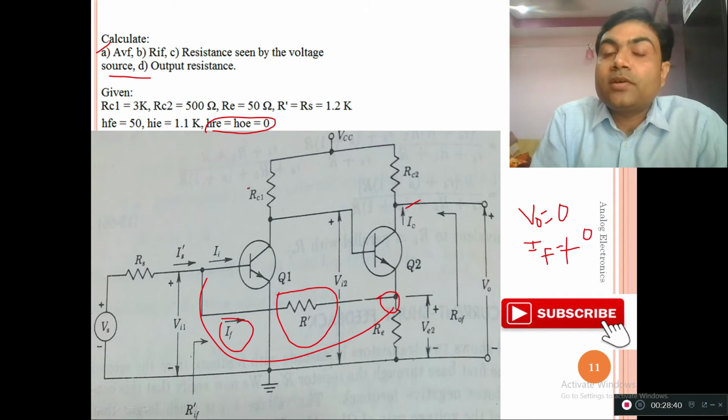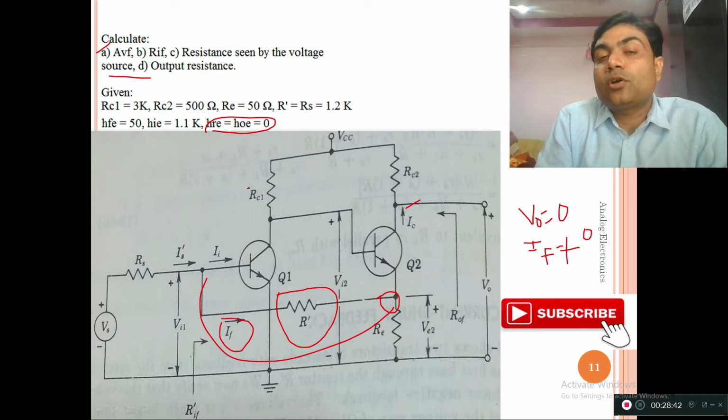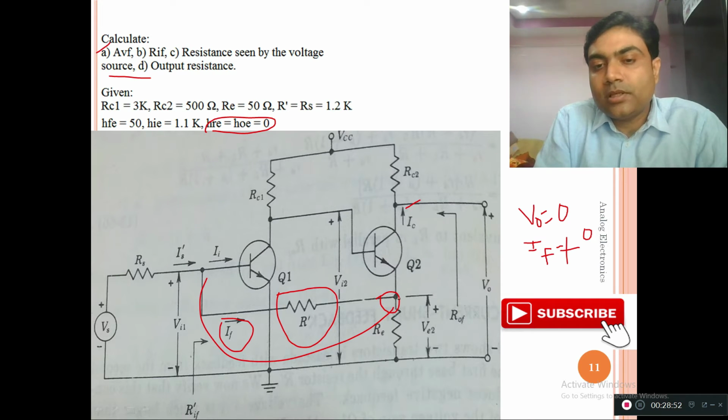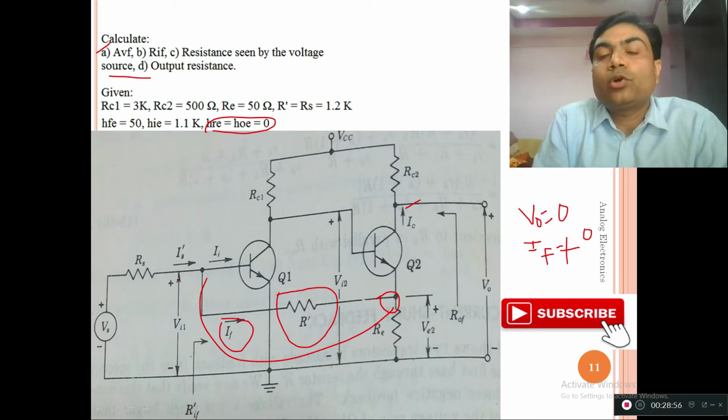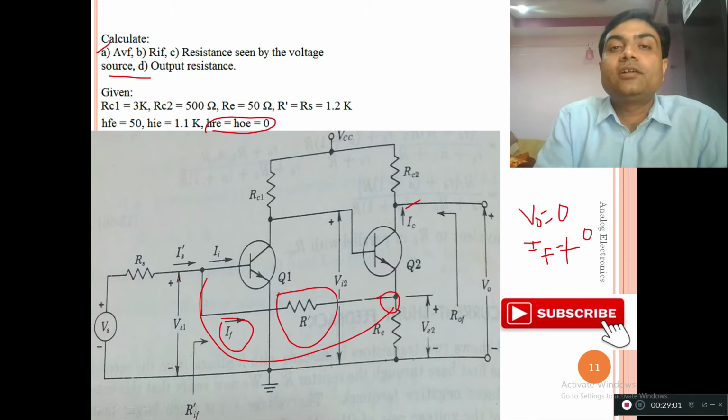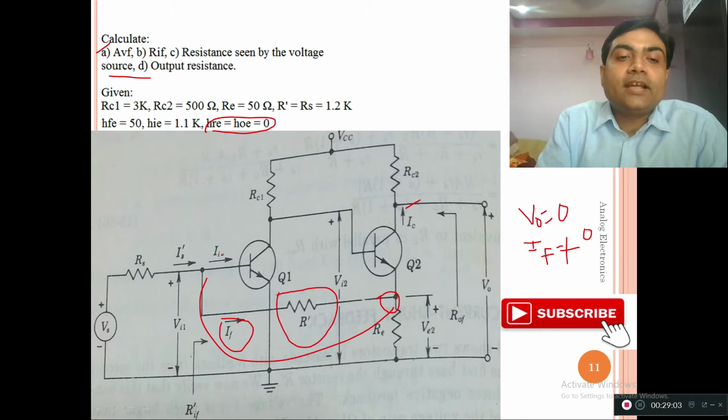Now I have to see whether the mixing is done in the form of series or in the form of shunt. How can we determine that? By looking at the feedback network. Now look at the feedback network R dash. R dash directly connects Q2 with the input of Q1. When there is a direct connection, the mixing is done in the form of shunt. Even if you don't get this logic, just see that the input source VS is not in series with R dash.